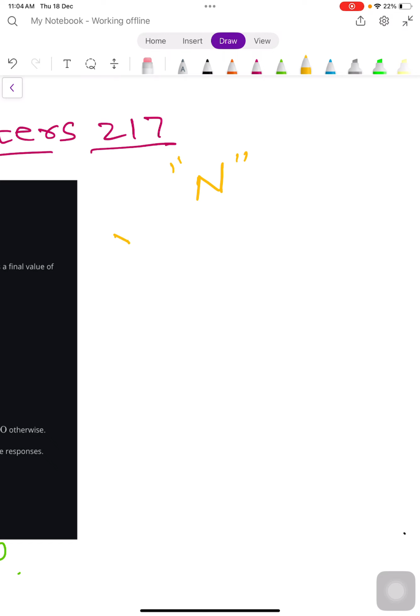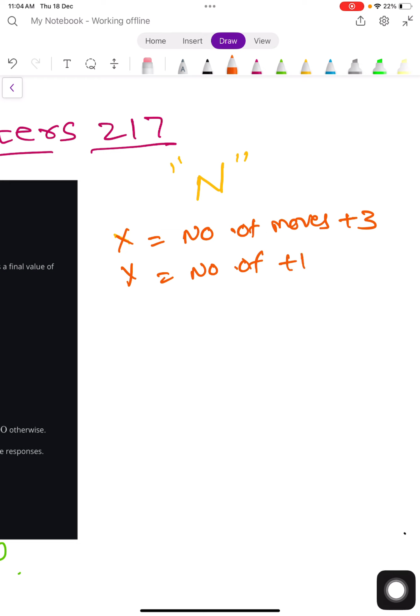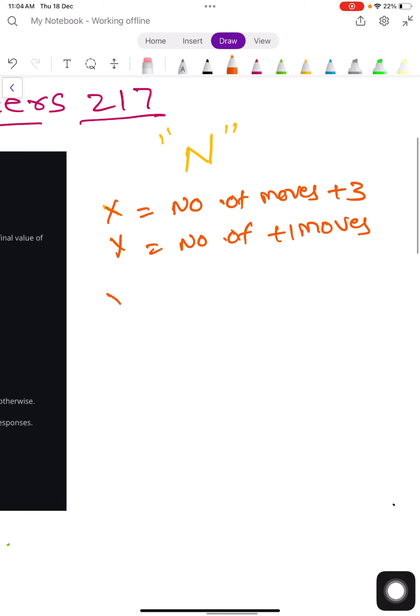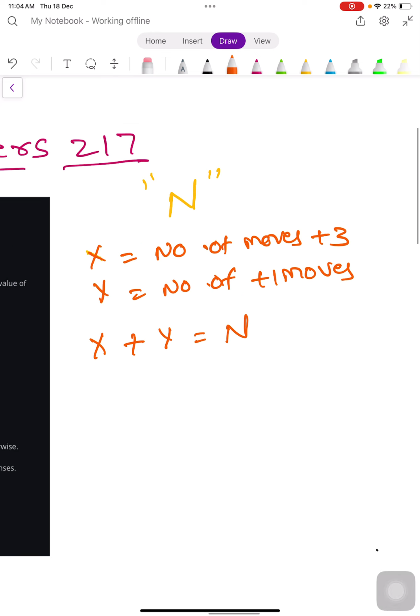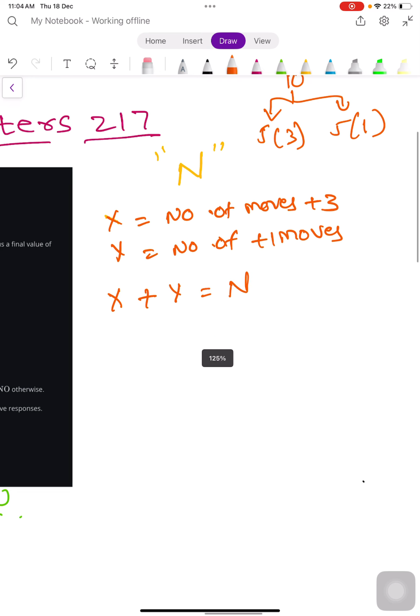Let's take capital X as the number of plus 3 moves, and Y as the number of plus 1 moves. And finally X plus Y should be equal to n. That means if you are given 10 moves and you have chosen 5 moves of 3, then obviously the remaining 5 moves will be of 1, right?